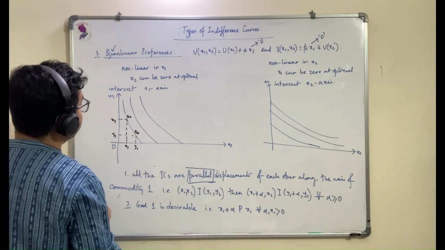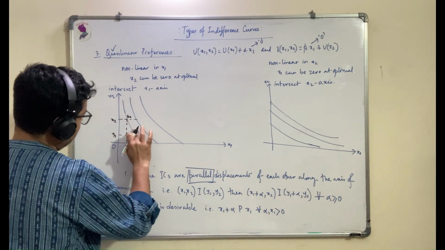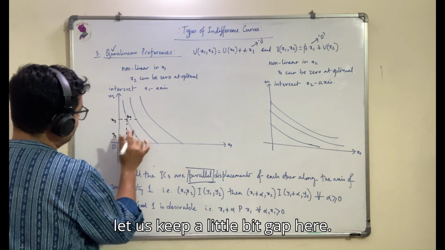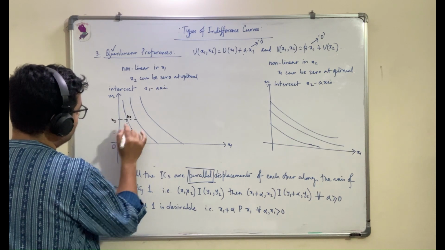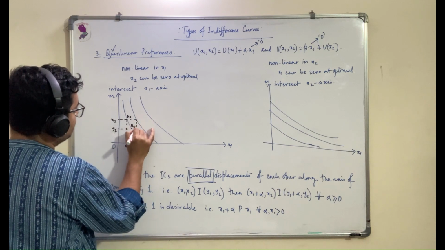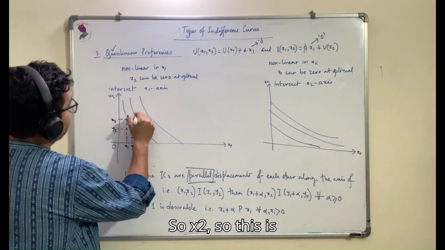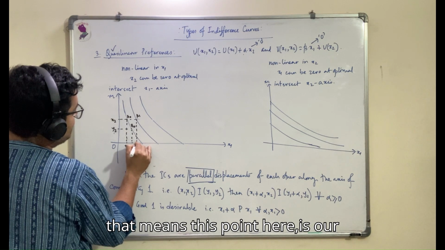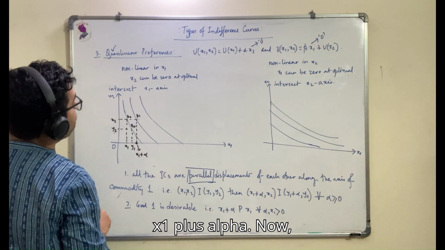So this is b0. Now let us extend this x2. Let us keep a little bit gap here. Okay. So x2, so this is a1. So that means this point here is our x1 plus alpha.